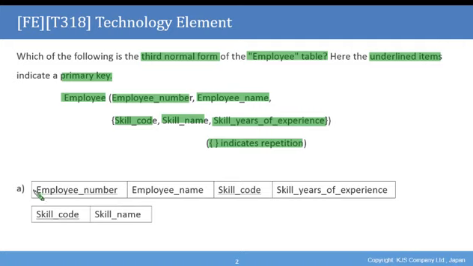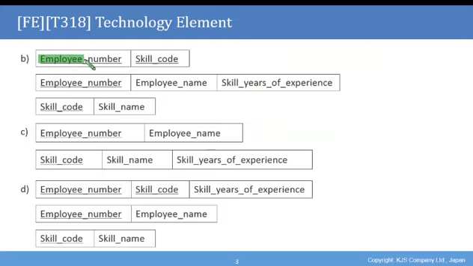For A, we have the primary key employee number, employee name; the primary key skill code, skill years of experience; the primary key skill code, and the skill name. In B, employee number, skill code; employee number, employee name, skill years of experience; and the skill code, skill name.